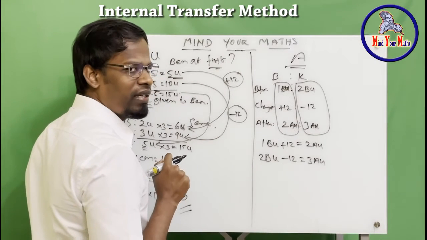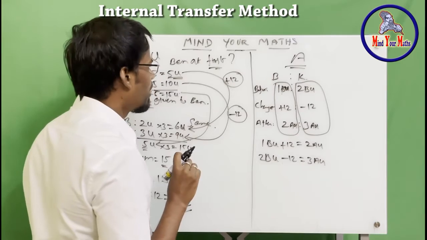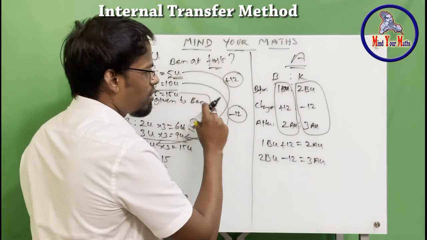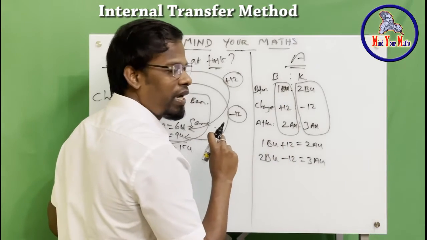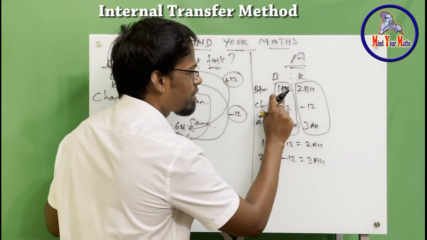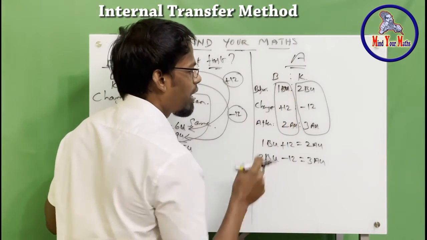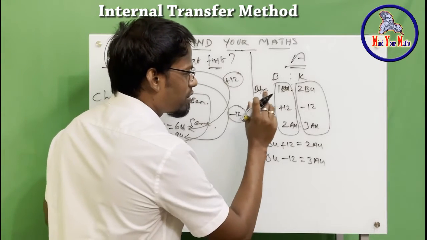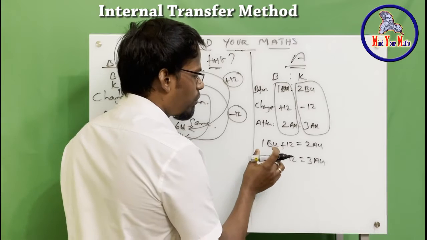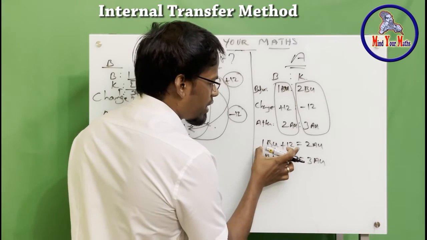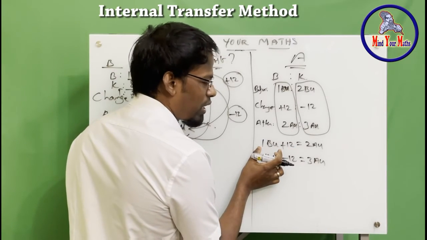What do we need to find? We need to find Ben at first, which means we have to find the BU, because 1 BU is what Ben had. To find the BU, we use this equation because that has the smallest BU.